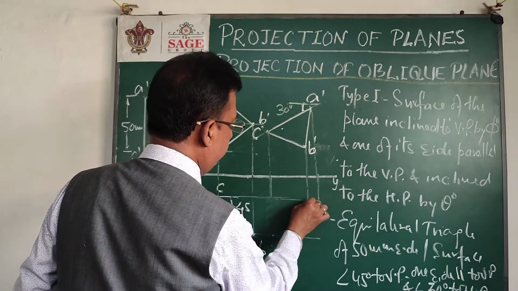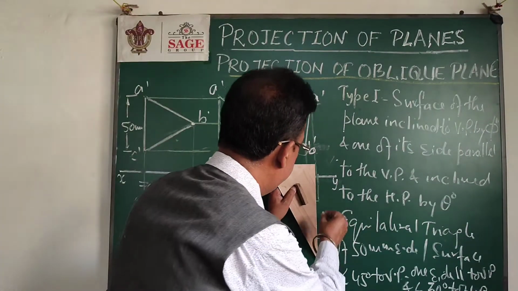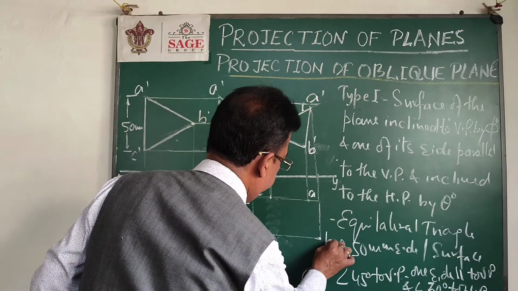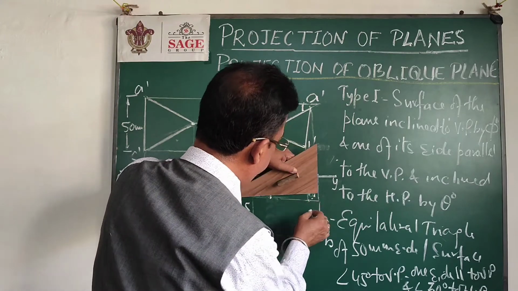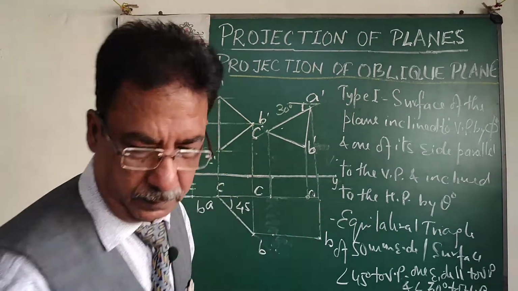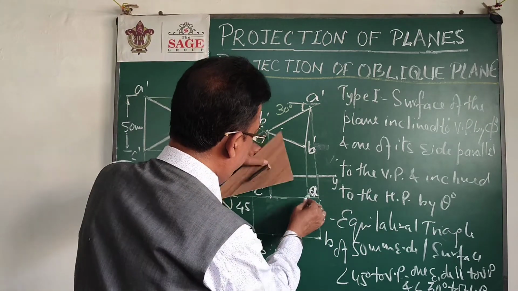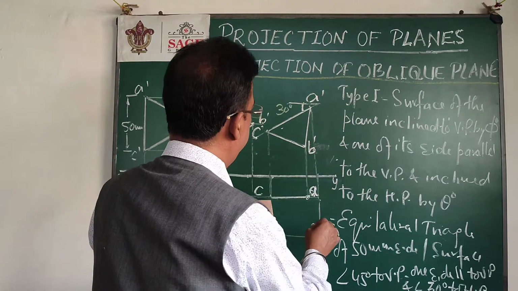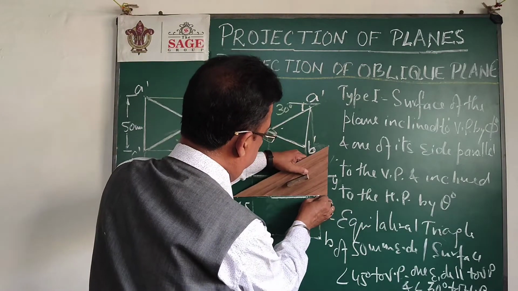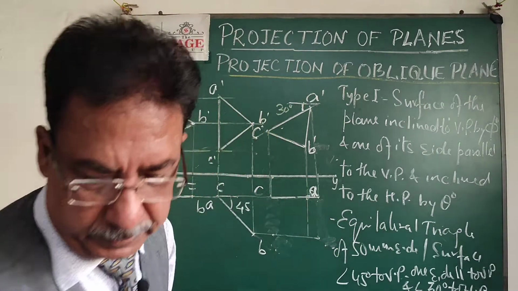So this is A dash, so this is A, this will be C, and lower side I will get the point B. If I join these 3 points, so this is A, B and C. Rather say 3 points, this is A and this point will be actually B. Little correction is there.